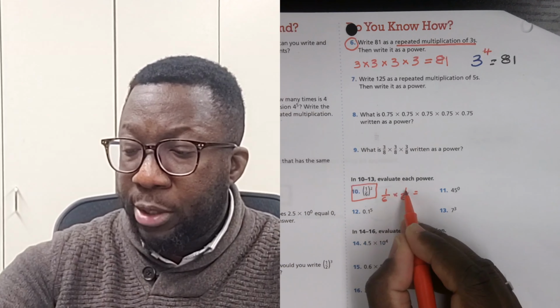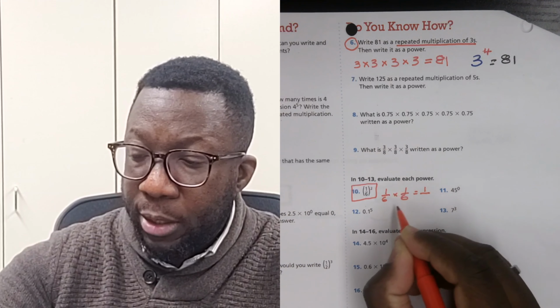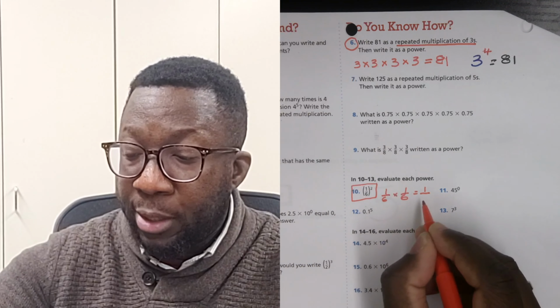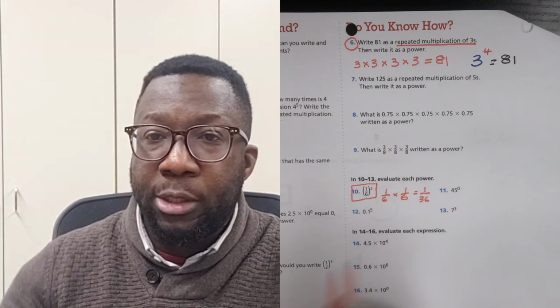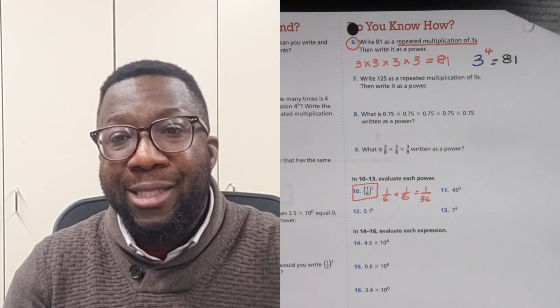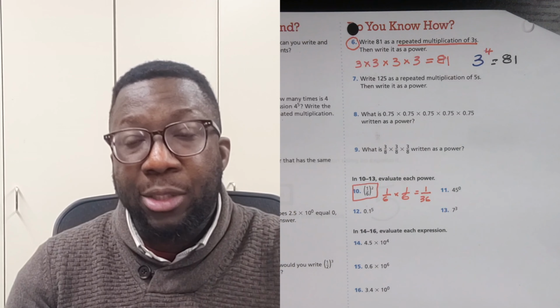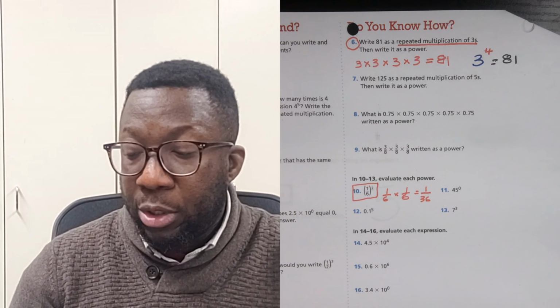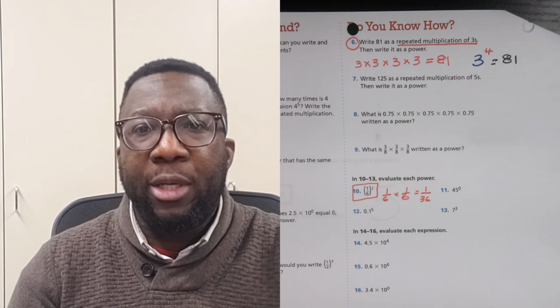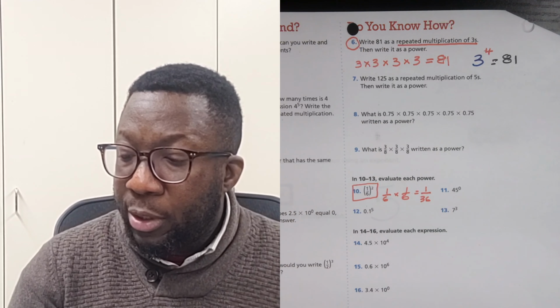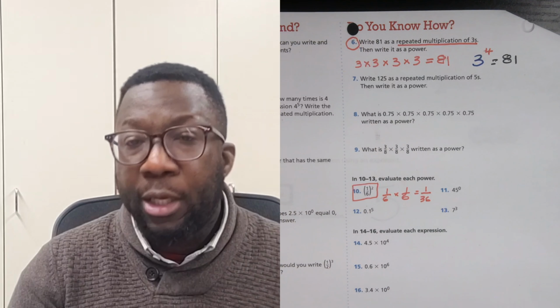So we multiply numerator times numerator, 1 times 1, and denominator times denominator, 6 times 6, which gives us 36. So 1/6 to the 2nd power, or 1/6 squared, is equal to 1/36. How about you go ahead and give it a try for questions number 11, 12, and 13.